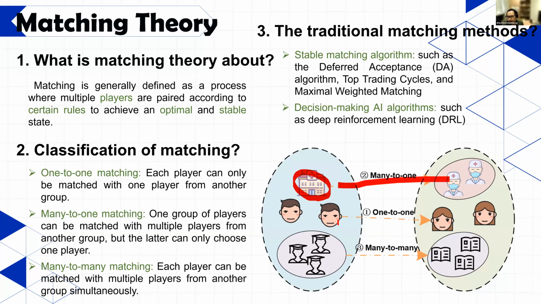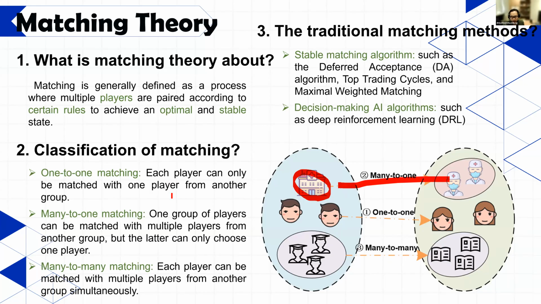For example, a boy dating a girl, or many-to-many, where there are multiple students and different students will read multiple books. So in this way, we can classify the matching model into three major structures: one-to-one, where each player can only be matched with one player from another group.